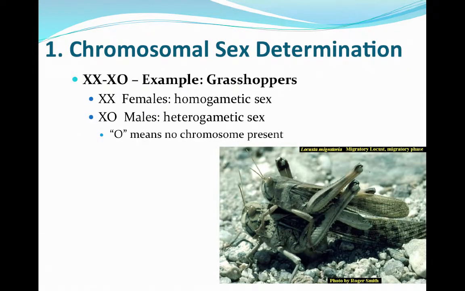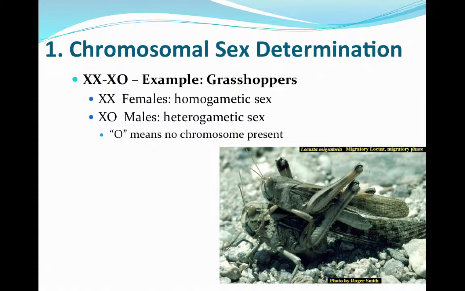All right, so the first one that we're going to talk about is called XX-XO, and an example of this is where we see it actually occurring in grasshoppers. Female grasshoppers will be the homogametic sex, meaning that they have the same sex chromosome. So females will have 2 X chromosomes, and the males will be the heterogametic sex.